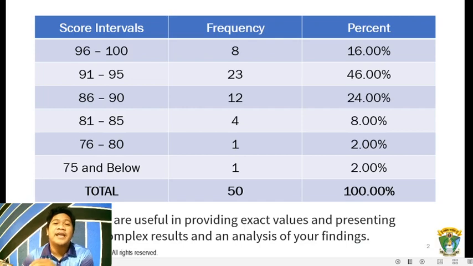We can organize our data in tables if our readers would need the exact values for a particular set of data, and for presenting complex results and an analysis of your findings. Because when you discuss, you will need numerical data, and so tables can be useful for that.